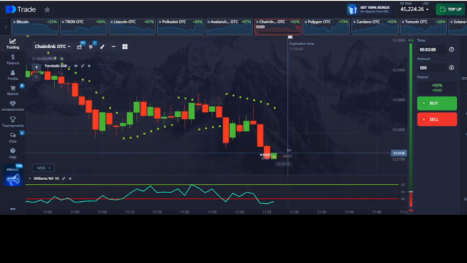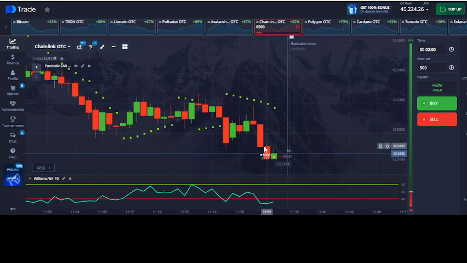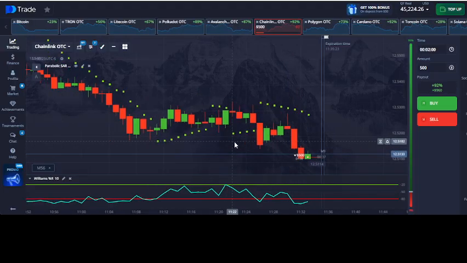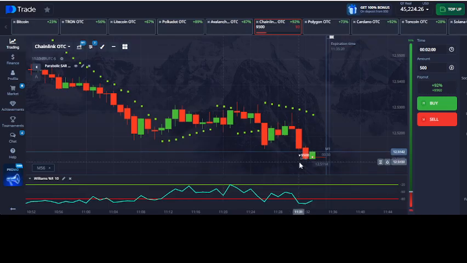Okay, so I'm on Chainlink crypto, and I just took a sell trade here. Hopefully I didn't take this sell trade late, but the reason why I took the trade is, first of all, we're seeing a bearish momentum in the price of Chainlink to the downside from top left to bottom right.